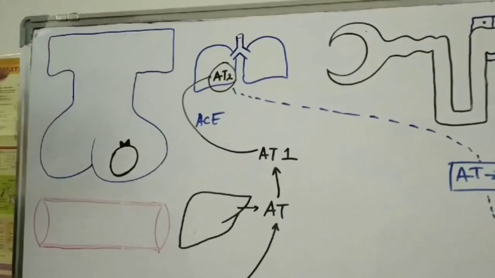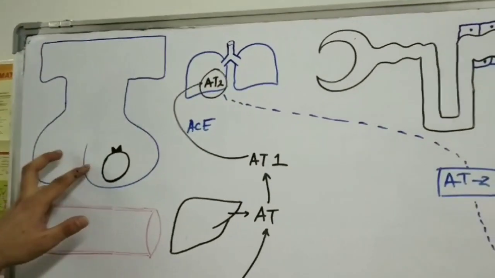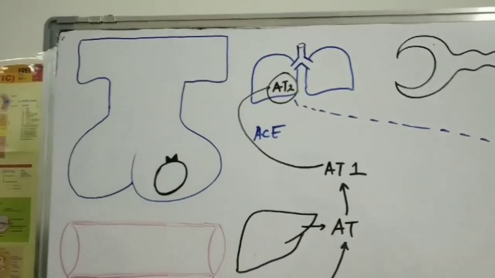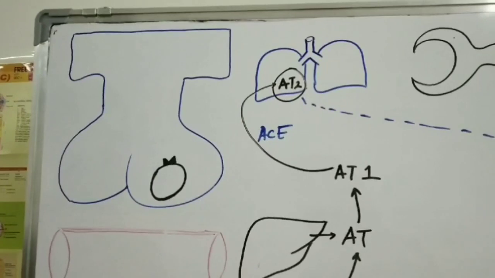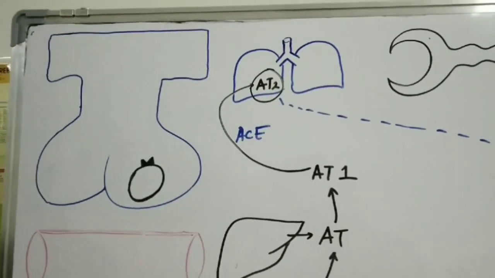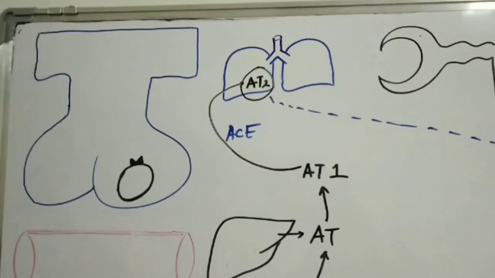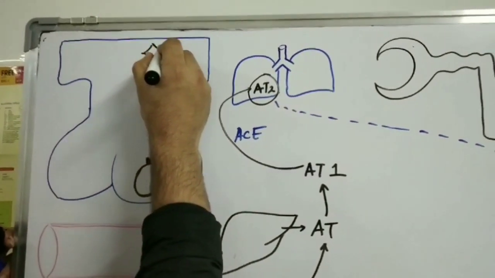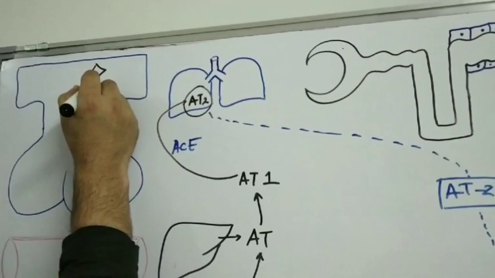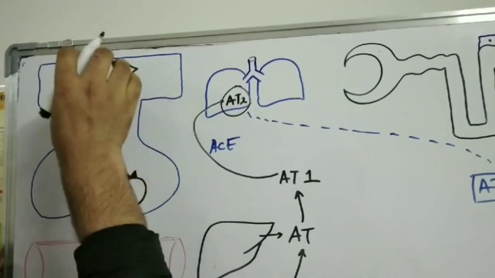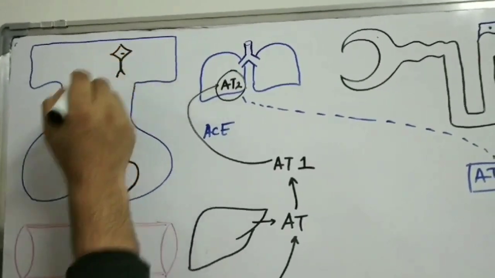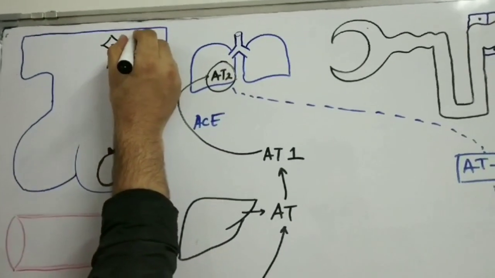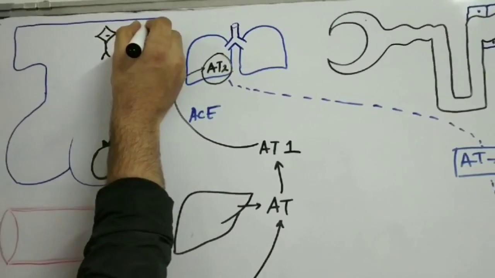Here is your hypothalamus. This is your pituitary gland hanging down from the hypothalamus. In the hypothalamus there is a nucleus present. A nucleus is a group of cell bodies. Suppose here is a group of cell bodies, and this group is known as the paraventricular nucleus, PVN.